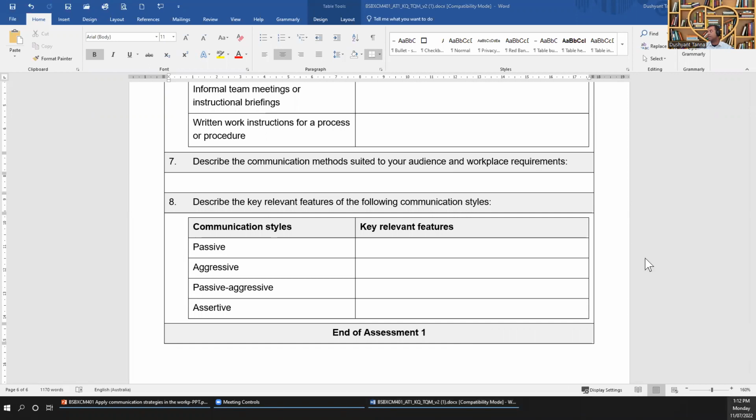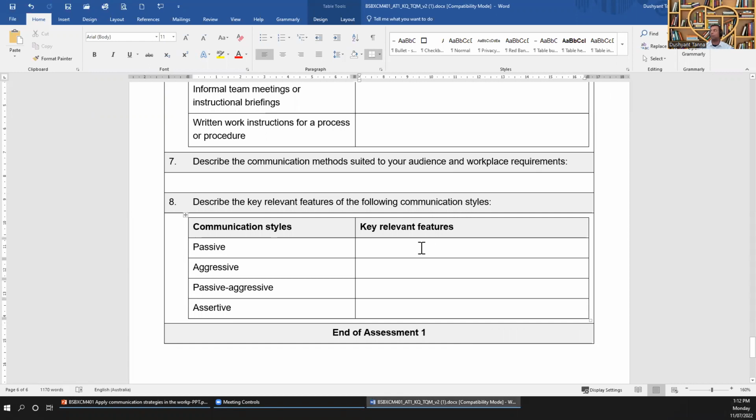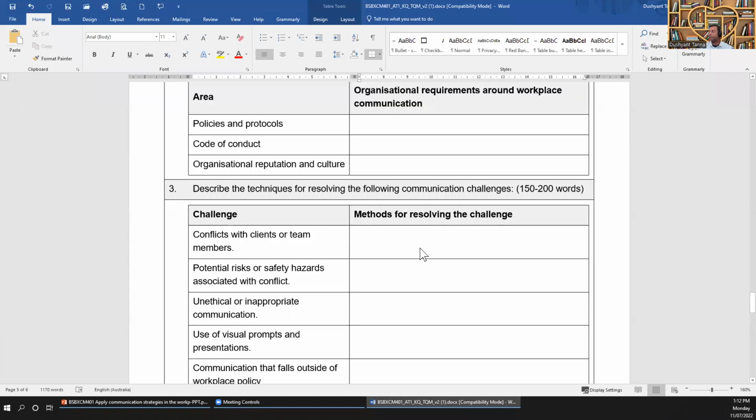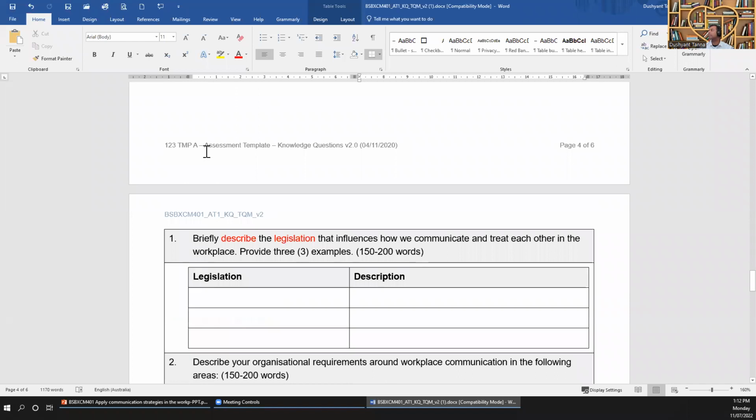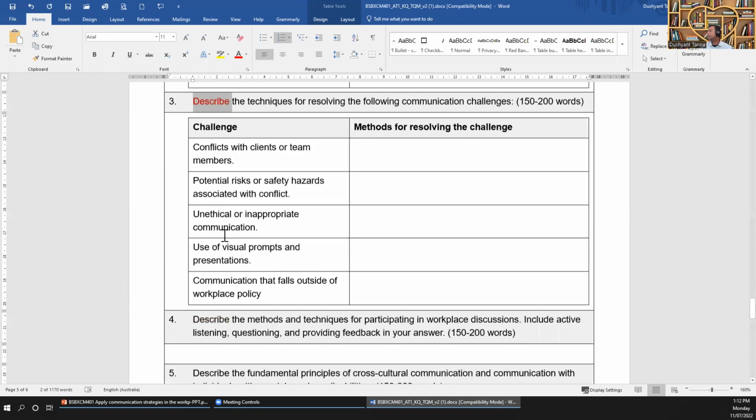Please make a note of the due date is 31st July on the 4 tasks. Describe.